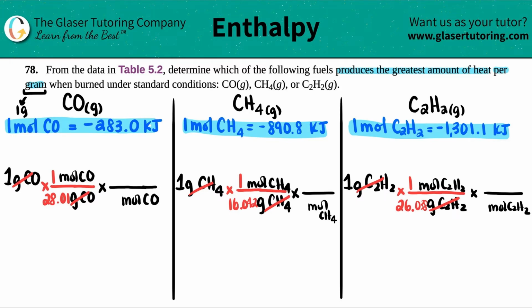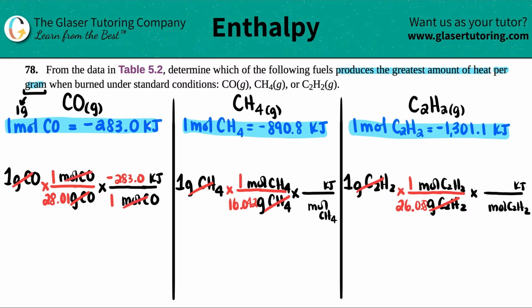Now let's incorporate that kilojoule. Kilojoules goes up on the top. And we're just going to use those numbers, right? Because I have 1 mole of CO equals negative 283.0 kilojoules. So 1 mole of CO equals negative 283.0 kilojoules.